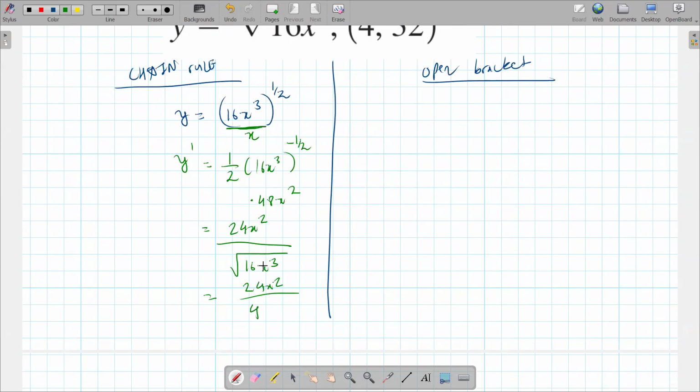Square root of 16 is a 4. Square root of x^3 is x^(3/2), like that. 24 over 4 is a 6. x^2 over x^(3/2), you want to use the exponent subtraction rule. So you get this. So your final answer would be 6x^(1/3).